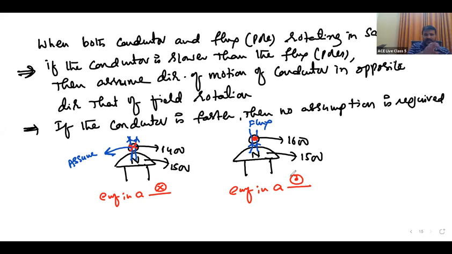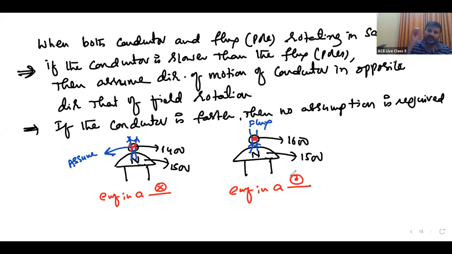Correct? Stator poles 1500, say, rotor rotating at some 1450 RPM, less. Whereas in an induction generator, the poles rotate at 1500 and the rotor conductor rotates more than synchronous speed, both in the same direction. Right?